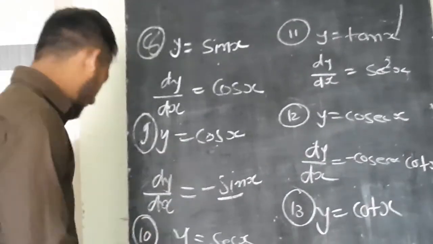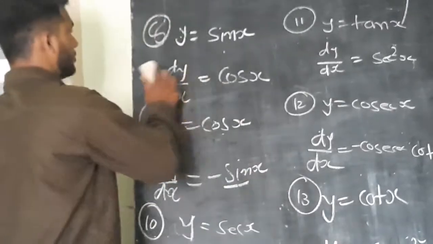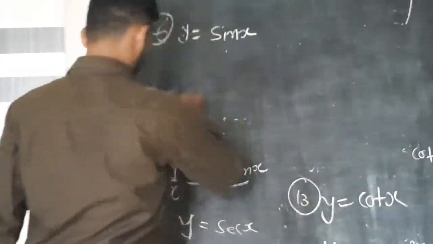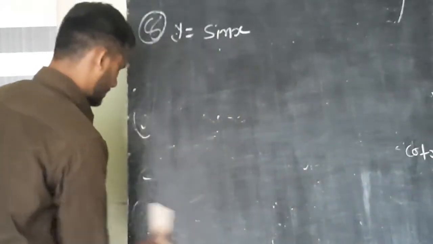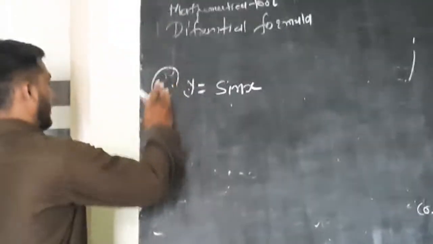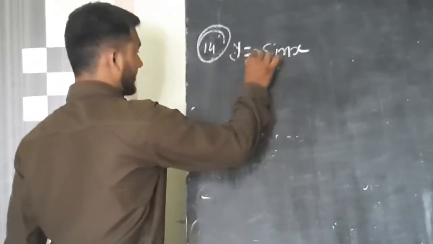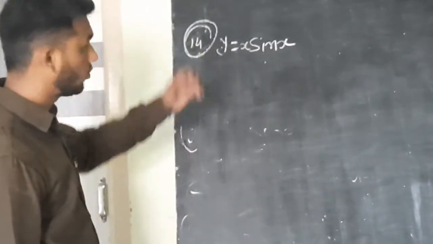What formula do we have? Suppose we have, see here, y is equal to x sin x. What is that? Y is equal to x sin x. Now here what will we do?